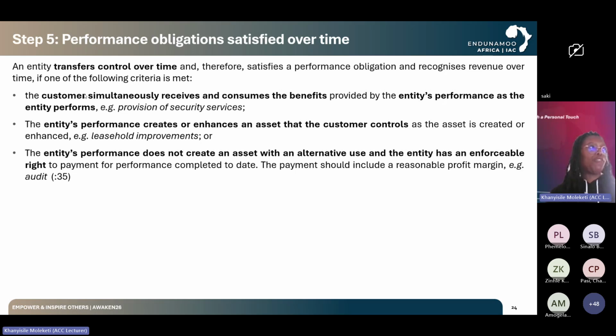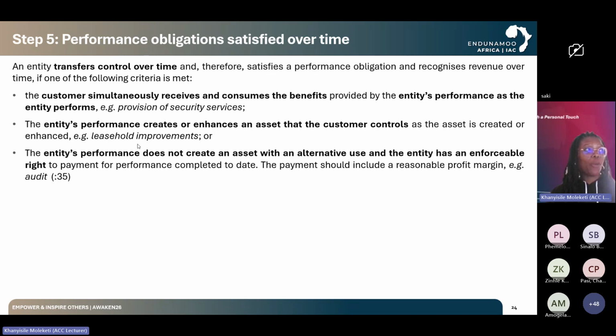Okay, so if you meet either of these, you recognize that revenue over time. So if you've got a vanilla service and the customer simultaneously receives and consumes, you conclude over time, happy. If you create an asset, you conclude over time, you don't continue with the other two. If it doesn't meet this, you come to the next one.